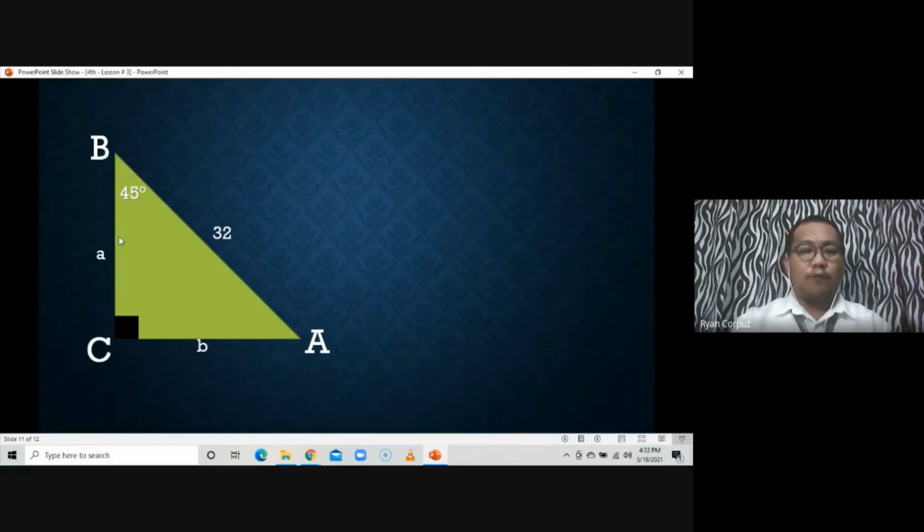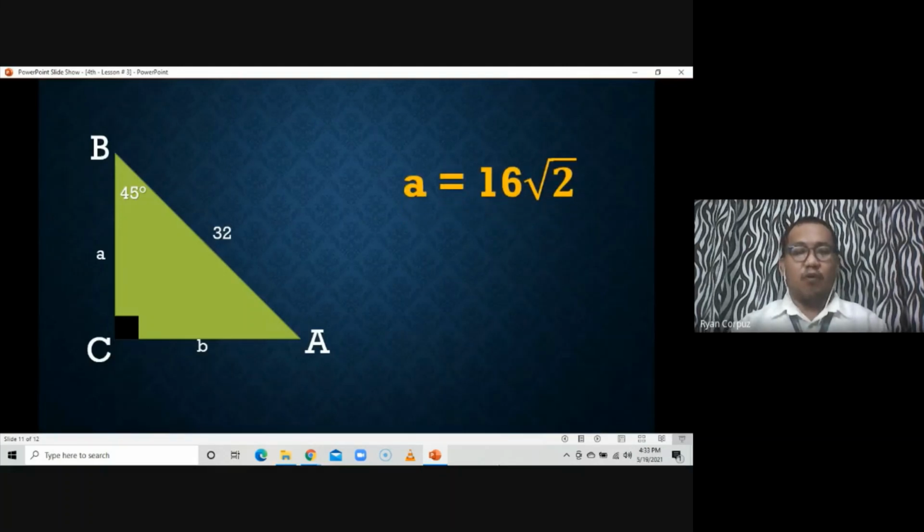So for you to find for A, you come up with the value of A, which is 16 square root of 2. How about the value of B? So what would be the value of B? So the value of B, since 45, 45, 90 degrees special right triangle yan, so yung leg niya ay congruent in measure.